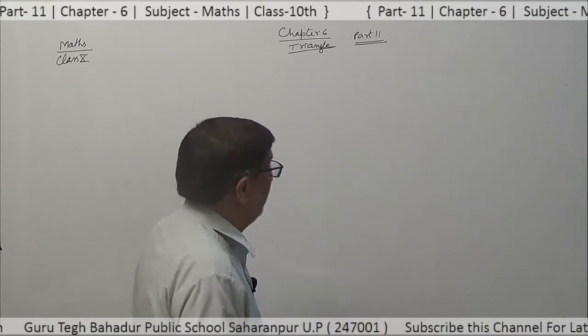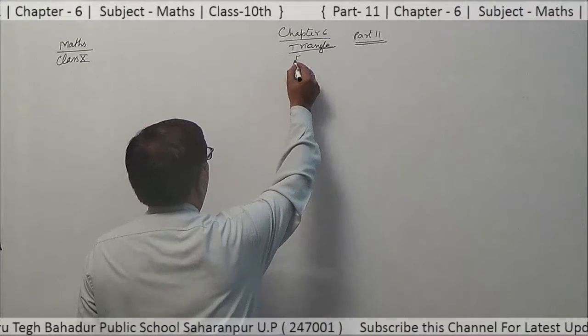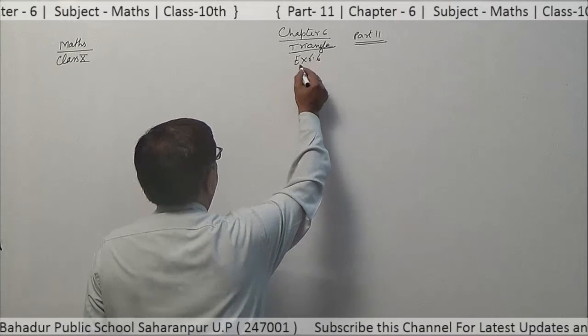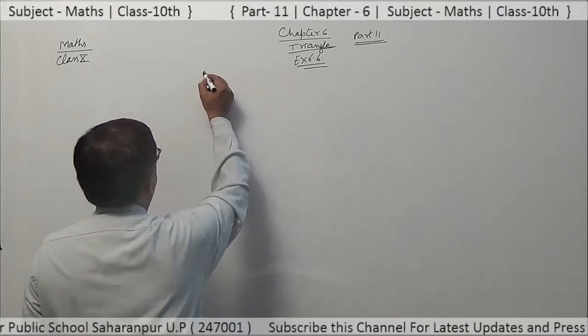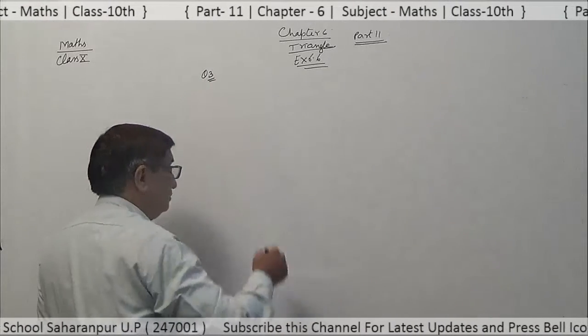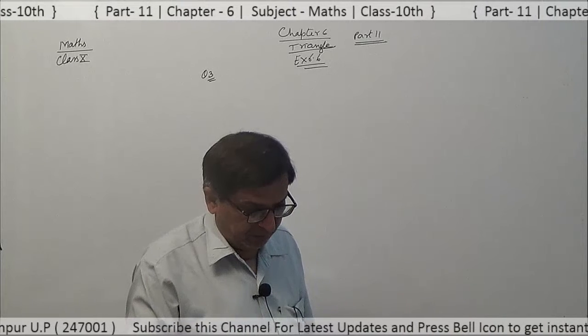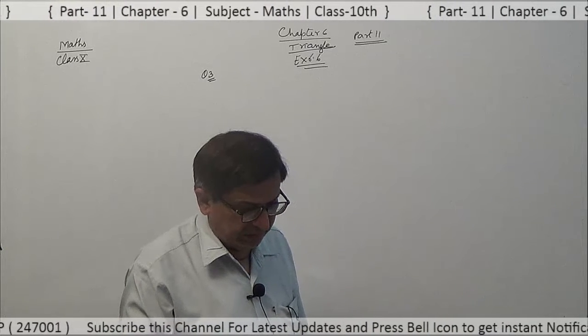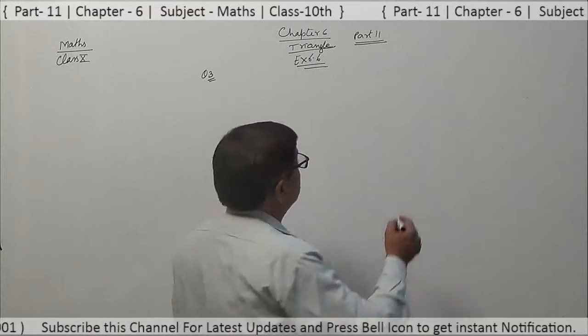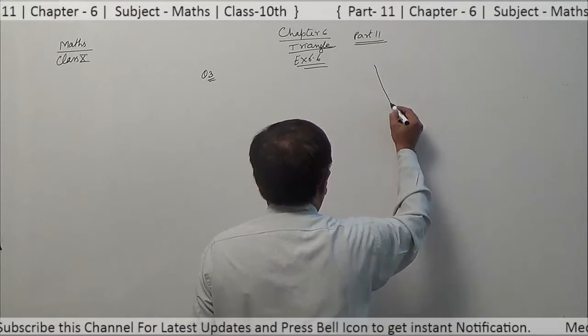Question number 3. In figure 6.58, ABC is a triangle in which angle ABC is more than 90 degrees.